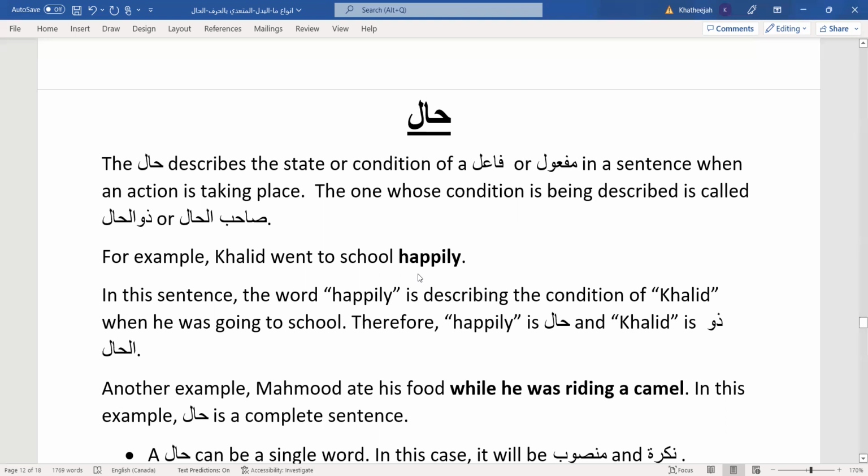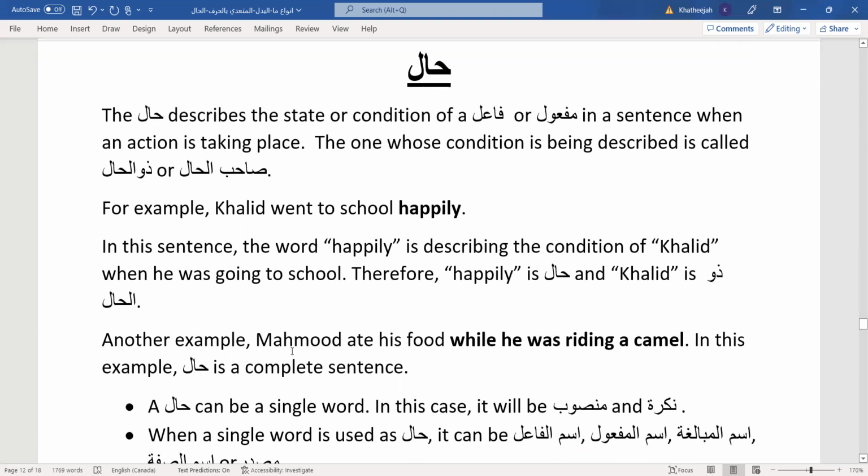So the word happily will be labeled as hal, and it is describing the hal of Khalid, who is the fa'il here, and Khalid will be called Dhul Hal or Sahibul Hal. So Khalid will be Dhul Hal and happily is the hal when the action of going to school is happening.